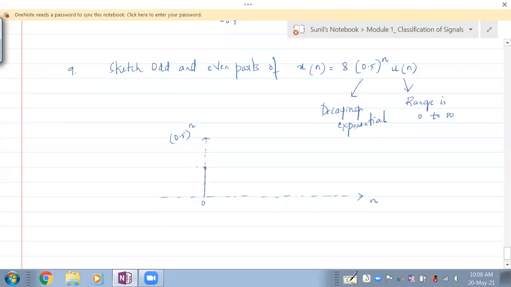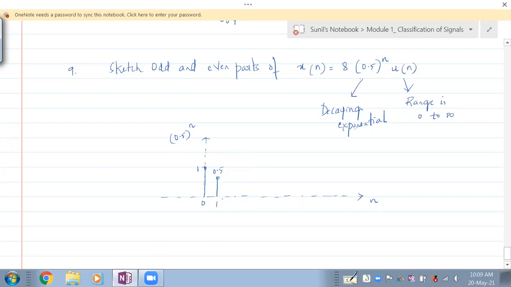Anything to the power 0 is 1. Then 0.5 to the power 1 is 0.5. I'll not go with the scale, because exactly half means, if this is 1, this is my 0.5 actually. But I'll write my 0.5 here. So this is not according to the scale, mind you.